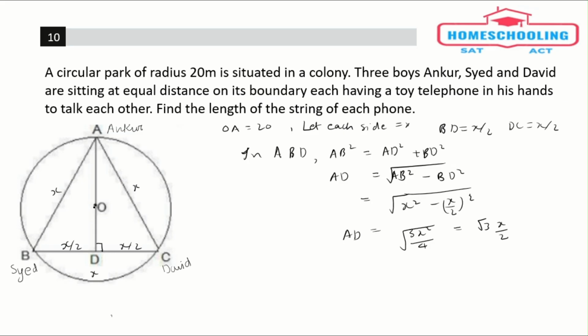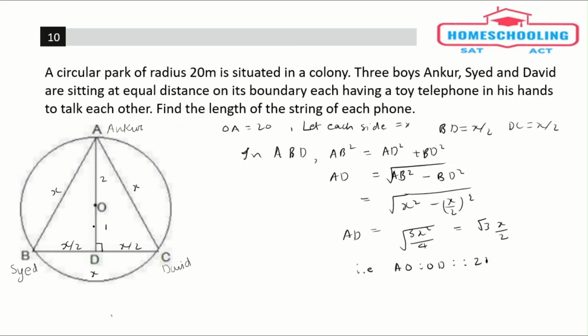Now see one more thing, there is a concept which we have read in the triangles chapter: if a line is going through the center like this in an equilateral triangle, then the center would divide this perpendicular line in ratio 2 is to 1. That is, AO is to OD is equal to 2 is to 1.